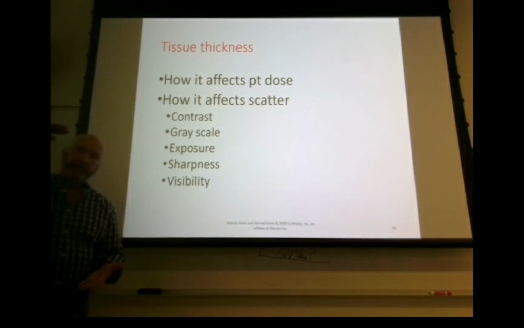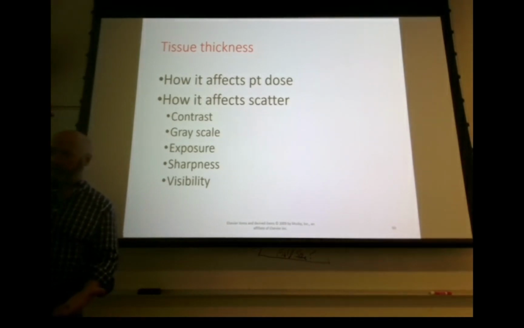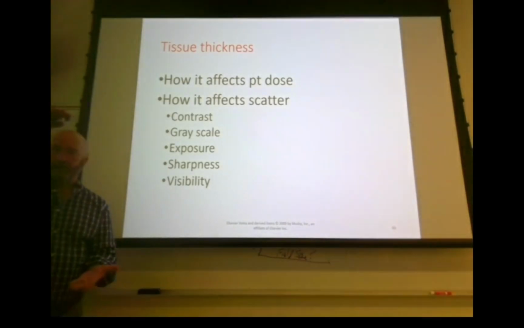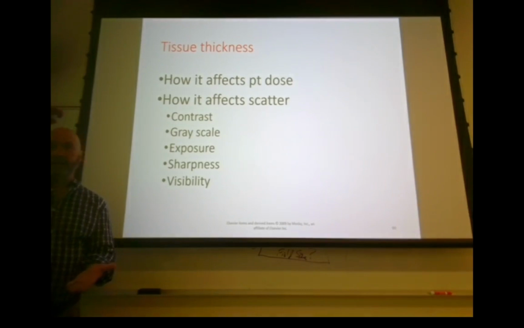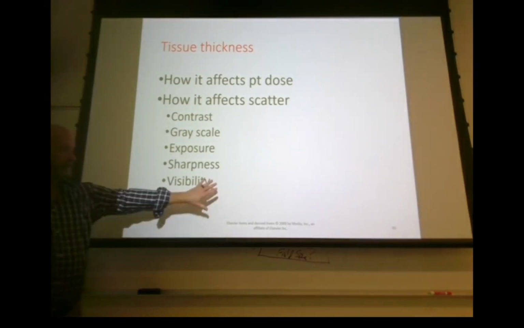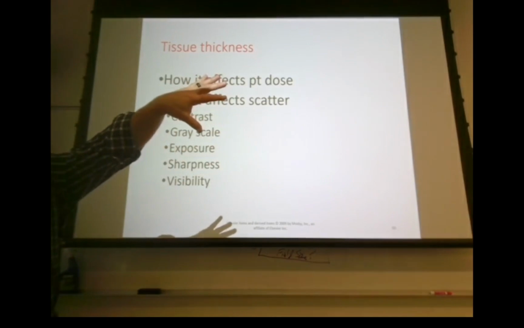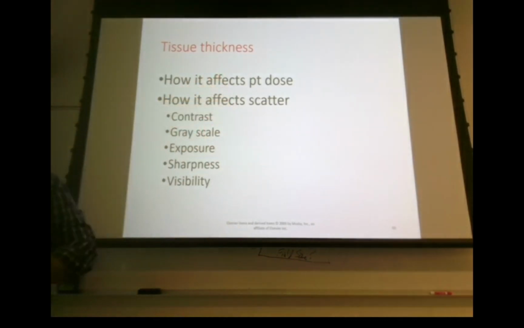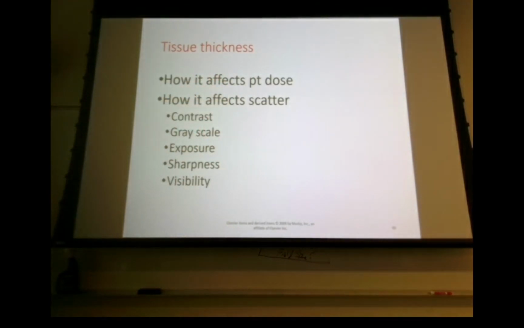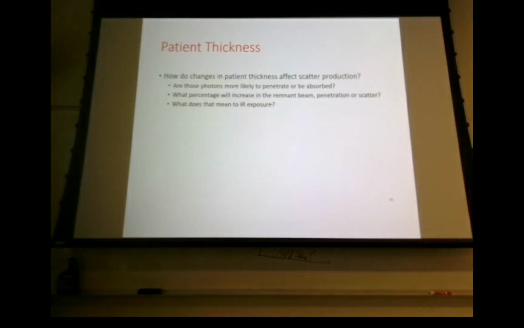So now you've got somebody who's 24 inches. How close is that gonna be? It's gonna increase distance, and anytime you increase distance, you lose sharpness of recorded detail, right? So in that case, we can have some differences in sharpness. And because of the gray image, we're gonna have some visibility issues.